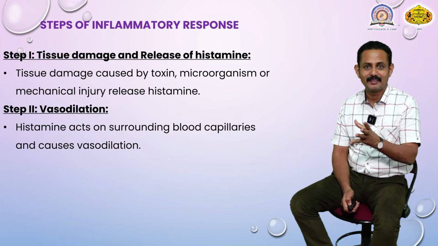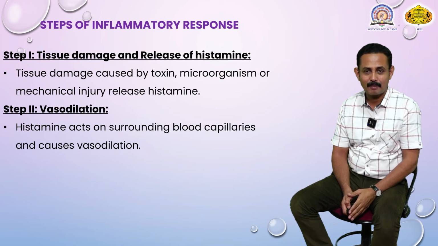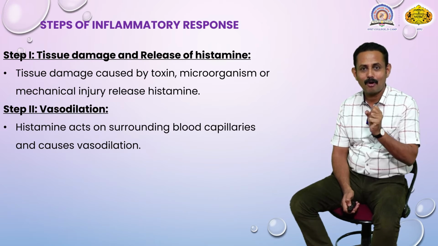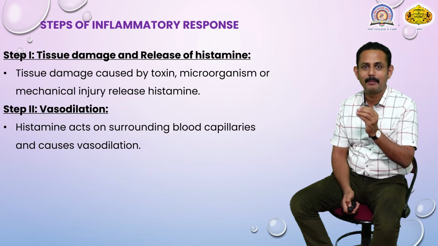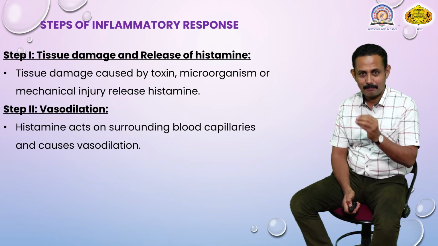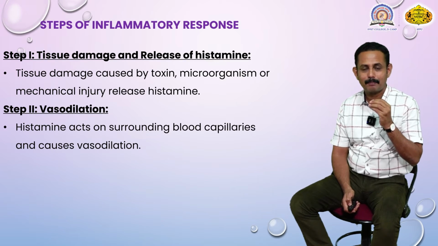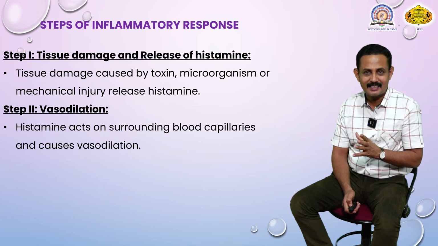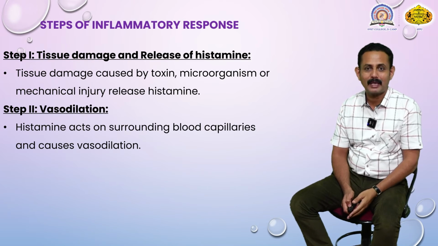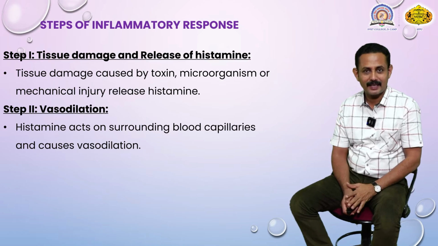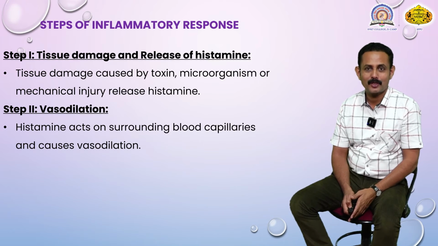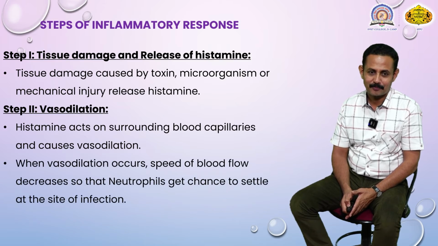They get activated by the action of histamine and start to contract and dilate. The purpose behind the contraction and dilation is to increase the blood flow. Why increase the blood flow? To increase the supply of different types of cells as well as different soluble humoral components to the area. That's why it is called vasodilation. Simply, it is an increase in the blood flow.